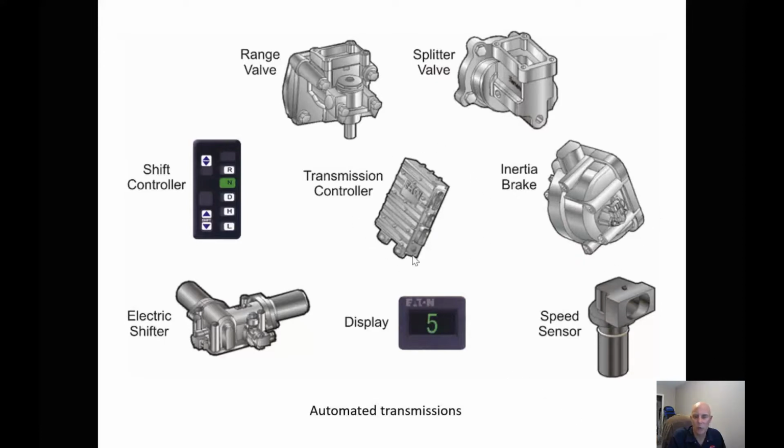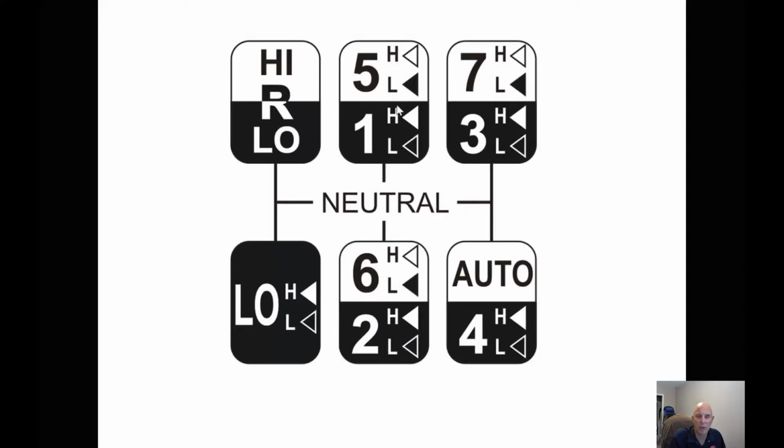Our transmission controller unit will control the XY shifter. Now, somewhere in space there are 6 positions. If we go here, the XY shifter needs to know where in space that lever is, whether it's in the neutral position, whether it's in low, so that when it wants to make a shift to first, the XY shifter moves it up, over, and up again.